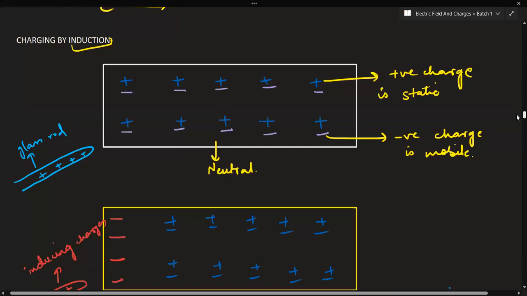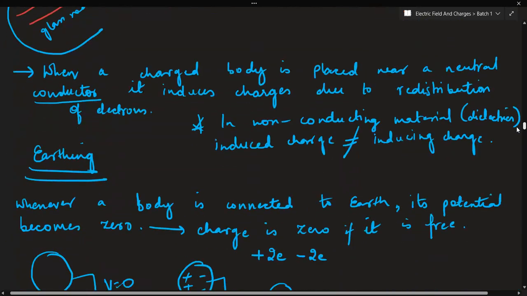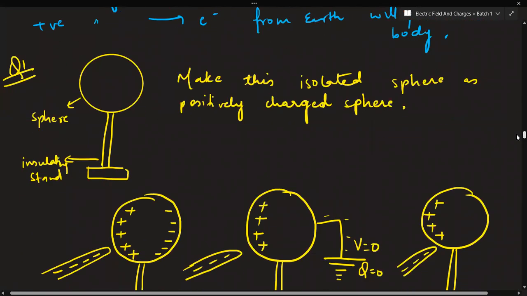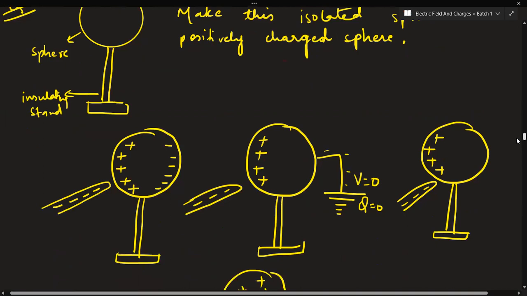In charging by induction, you will simply have questions like this: make this isolated sphere positively charged. What will you do? According to the question, you will bring a negatively charged body near it. What will happen? All the positive charge will collect on one side, negative on the opposite side. Then if you want the body to be positive, earth it.